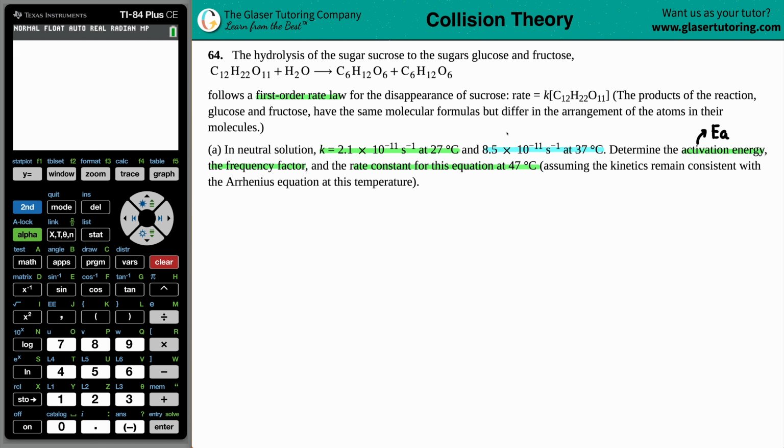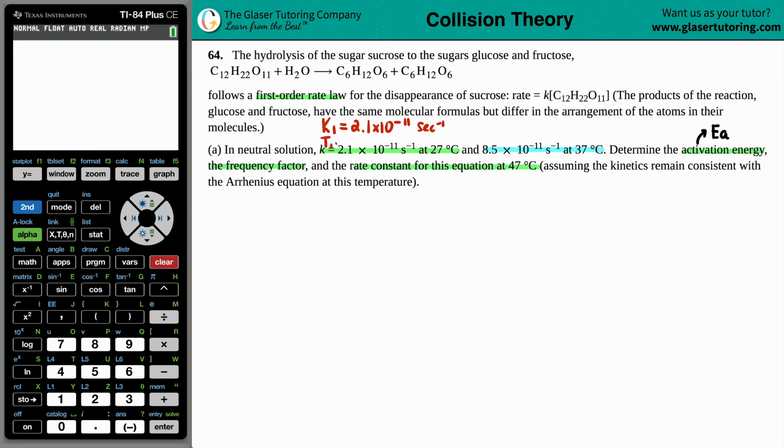Now, if you see that you have two pairs of rate constants with temps, which is exactly what we have here, maybe let's label them out. Let's say that we have pairs of k1s and T1s, right? Capital T is temperature. So I have a k1 of 2.1 times 10 to the negative 11th seconds to the minus 1, which is the unit for this k value.